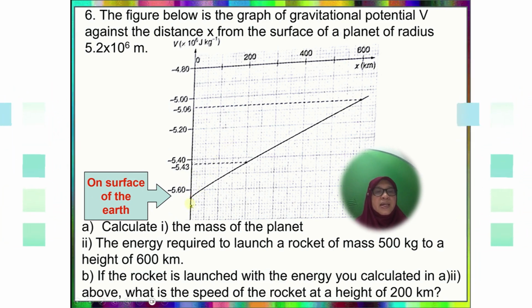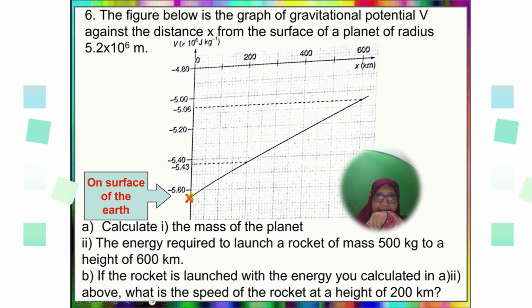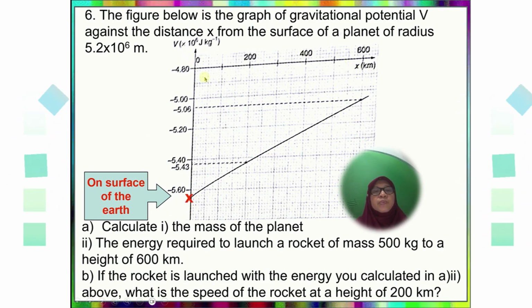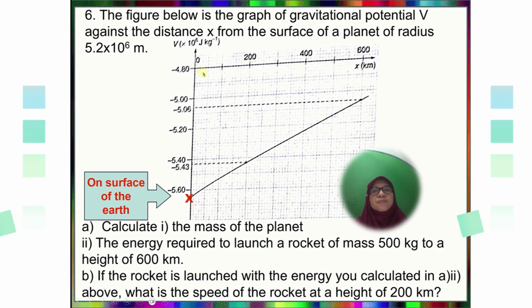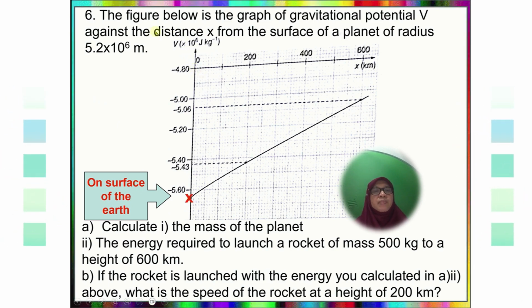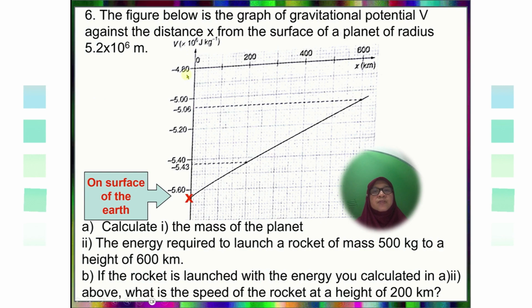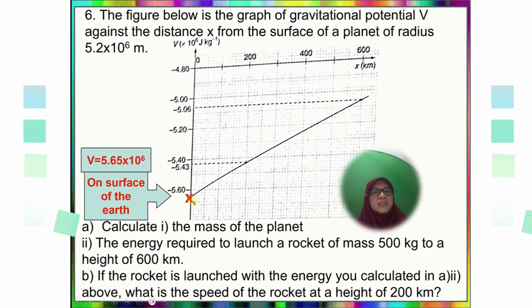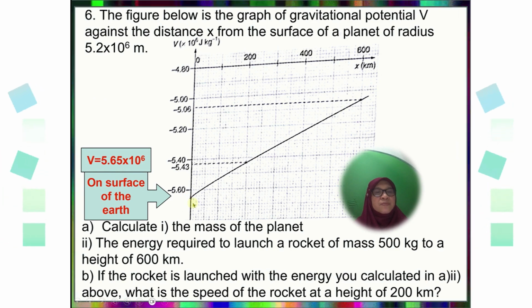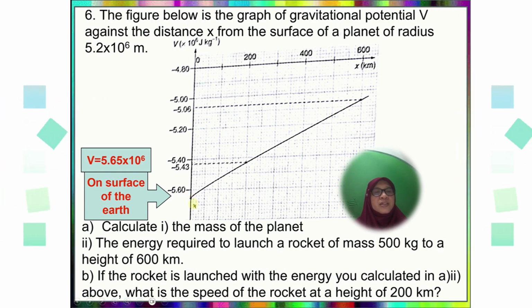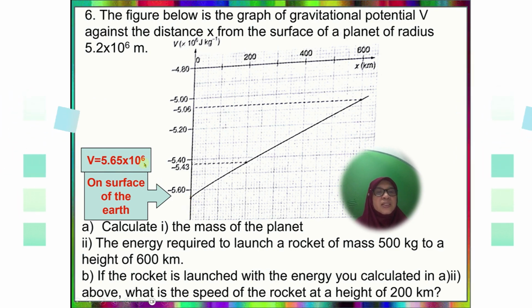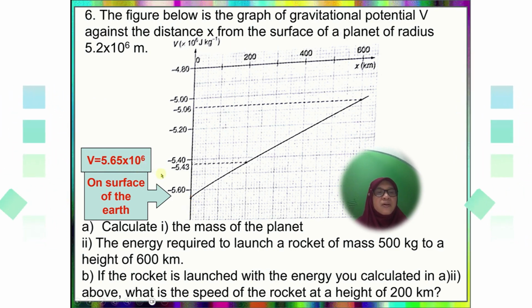So the y-intercept here means it is on the surface of the planet, because this is x in kilometers, against the distance from the surface. So 0 means on the surface. This is the value, so the speed is 5.65 times 10 to the 6 if we read from the y-intercept. So this is the V on the surface.